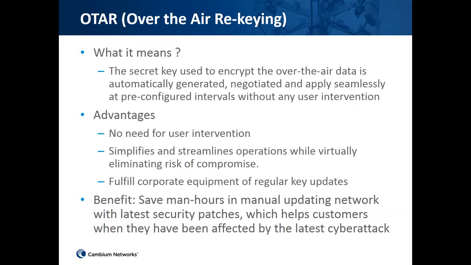Without user intervention, it streamlines the process and eliminates the risk of compromise. For example, if you make a mistake providing a secret key, or you just forgot one link, maybe you have updated 200 links but forgot the one radio link, and that's vulnerable. It's really hard to keep track of all that.